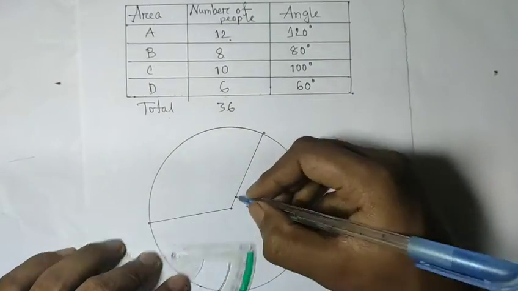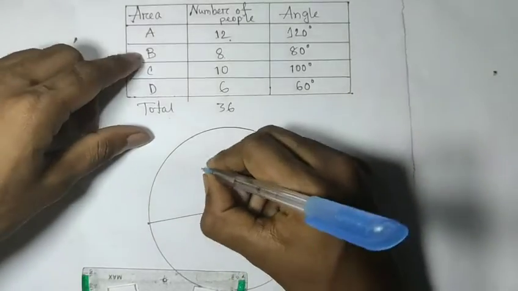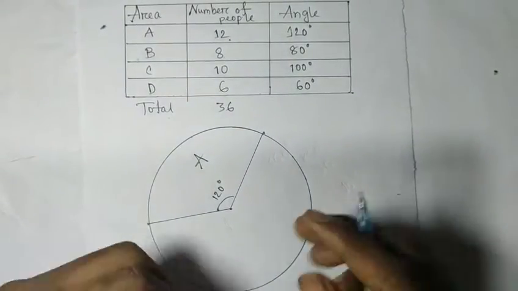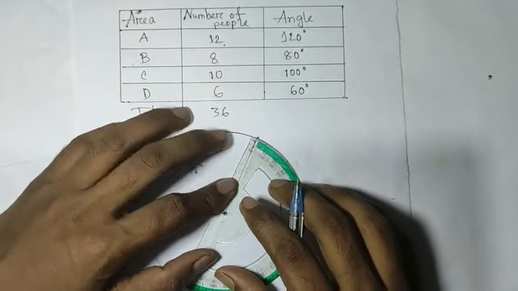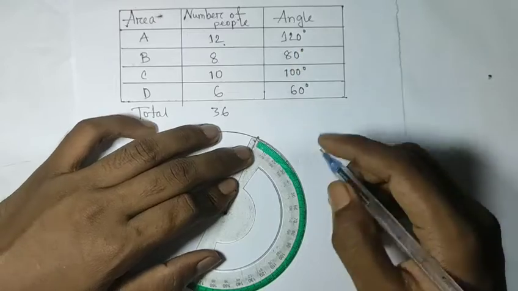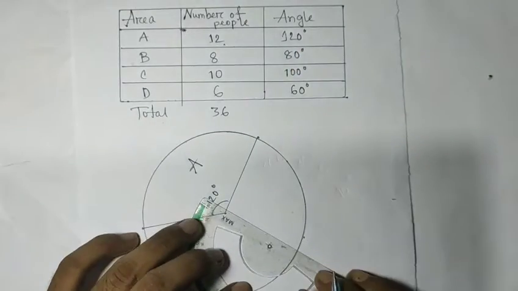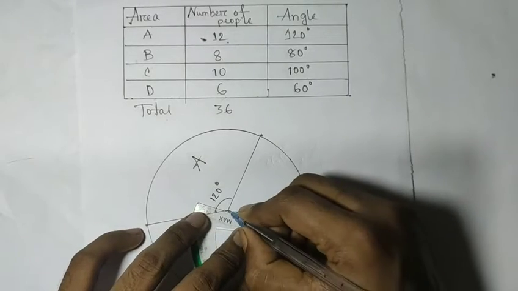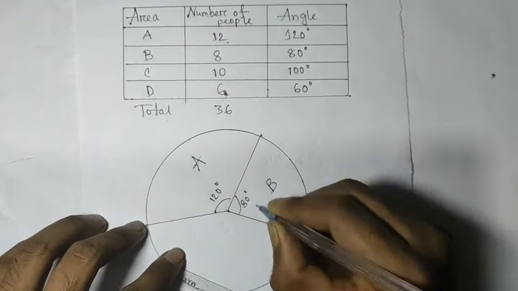So this angle is 120 degrees and it represents area A, and from there for area B the angle is 80. Let's mark it here and join those dots, and this angle is 80 degrees and it represents area B.